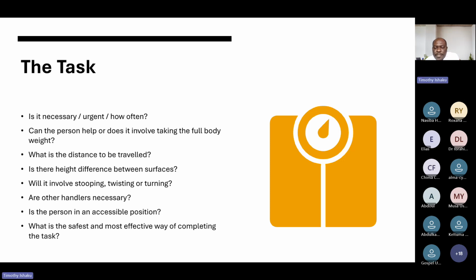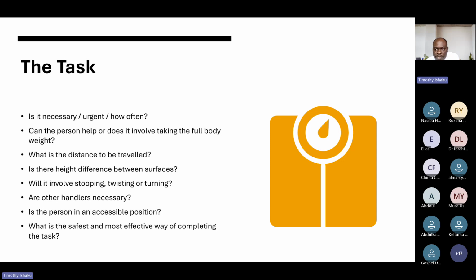If you are doing a task, what is the point A to point B where you are moving? What is the distance you are traveling? Because it has an impact on the exertion. It has an impact on how long you're going to hold or carry the object. Is there a height difference between surfaces? If you are moving a patient from one bed to the other, what is the height difference in those beds?